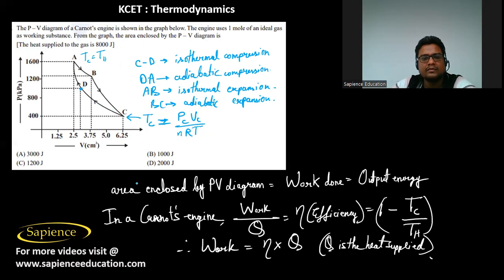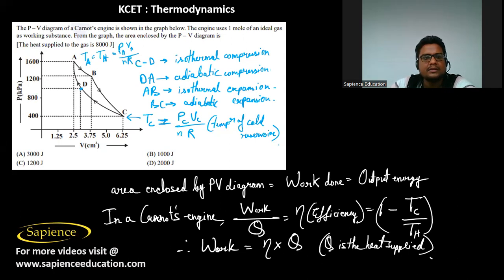No, sorry, PV by NR. PC VC by NR. Similarly, which will be the temperature of the cold reservoir? Temperature of the cold reservoir, and the temperature of the hot reservoir will be the temperature at the point A, which is equal to PAVA by NR.